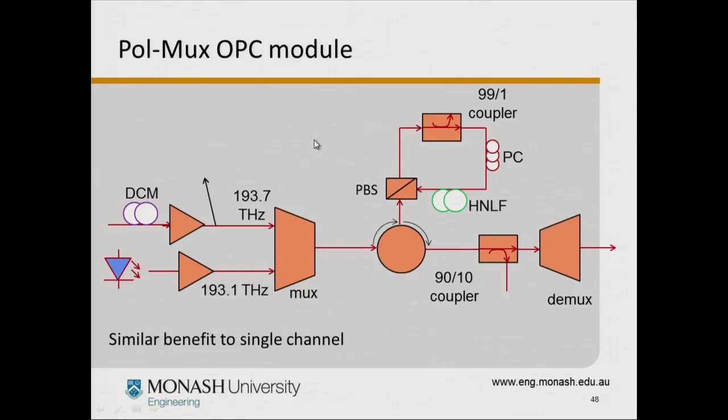And we've got experimental results to suggest that very similar benefits to those shown in the previous results are possible simply by changing the signal to a polarization multiplex signal and subbing this in for the conjugation module.